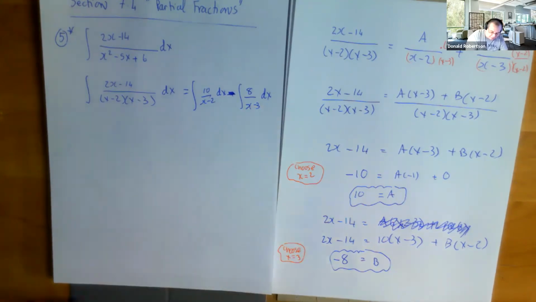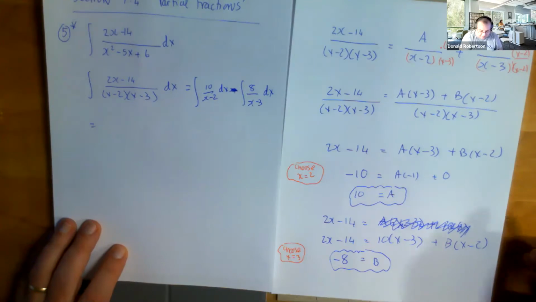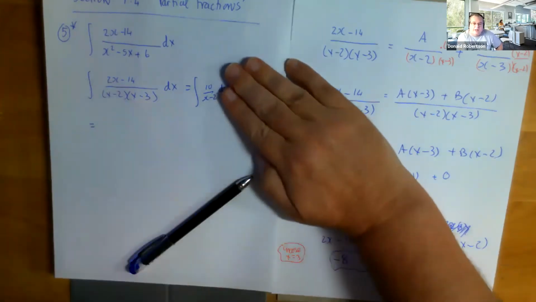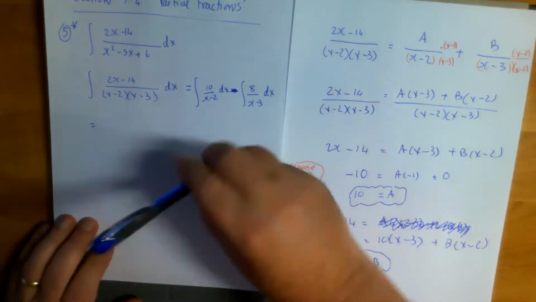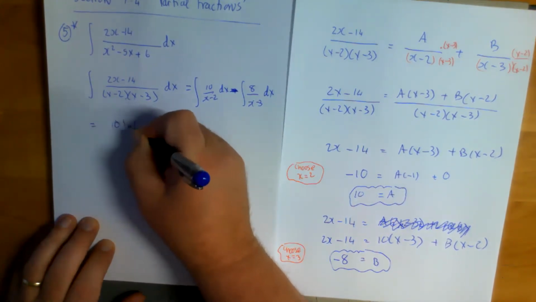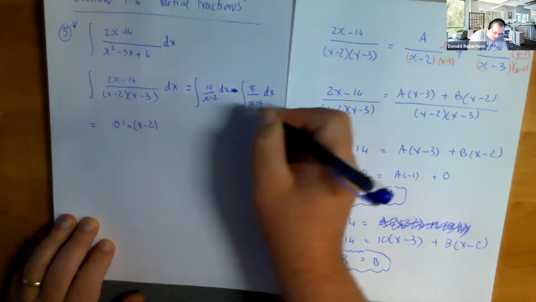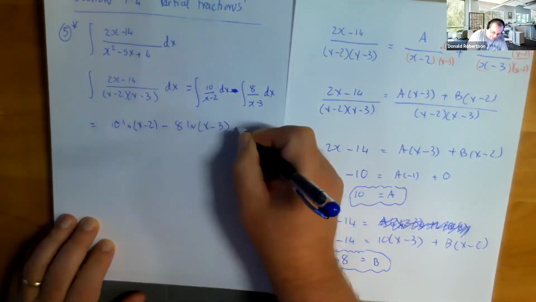Each of these partial fractions we can integrate, can't we? Right, let's look at the 10 guy. 10 over x minus 2. What do you get for its antiderivative? 10 natural log x minus 2. Take away 8 natural logs of x minus 3. Add c.